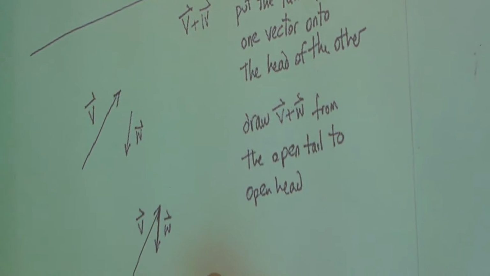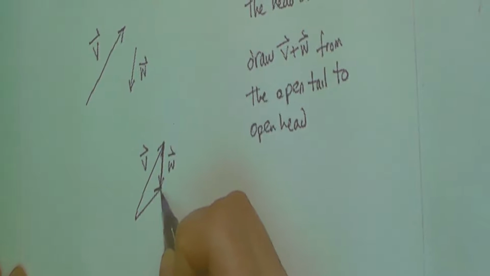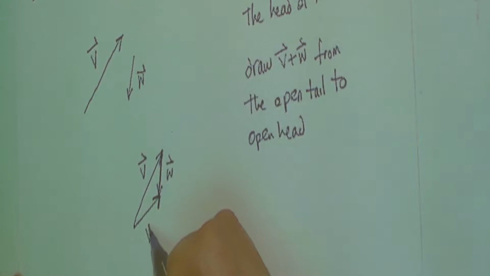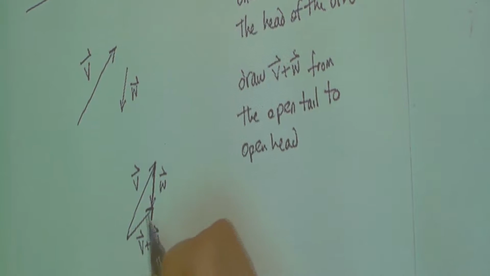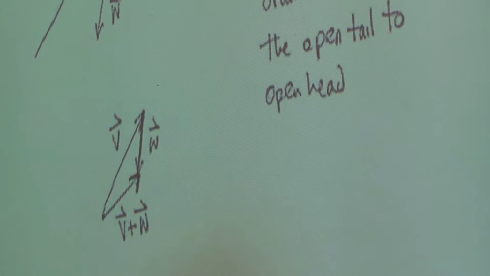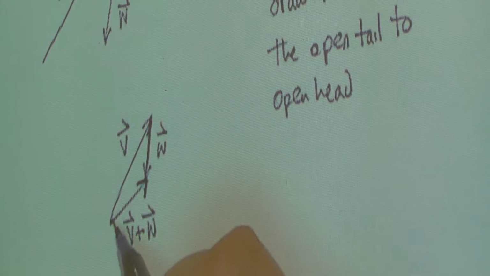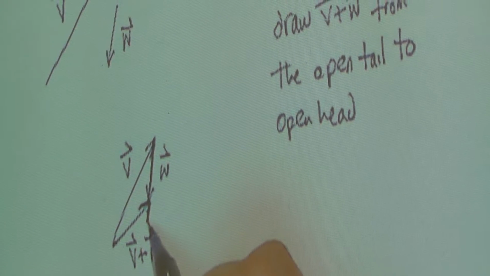So in this case, the open tail is on V, and this right here would be my vector V plus W. And it's got this direction. It will start at the open tail, but it ends at the open head, and that's the direction.